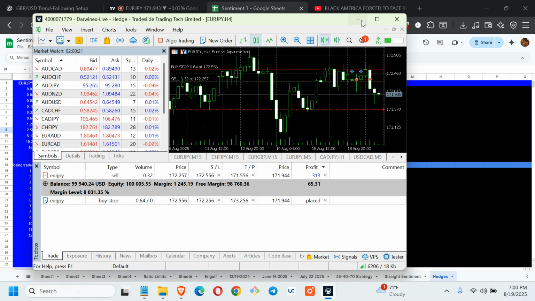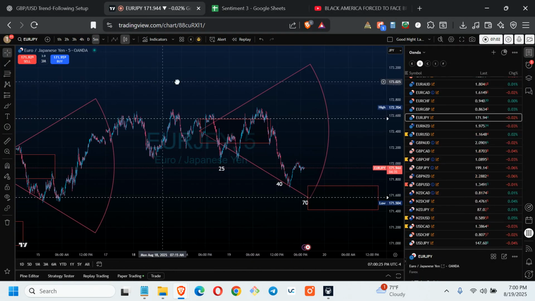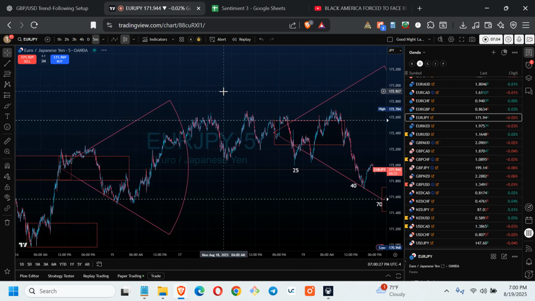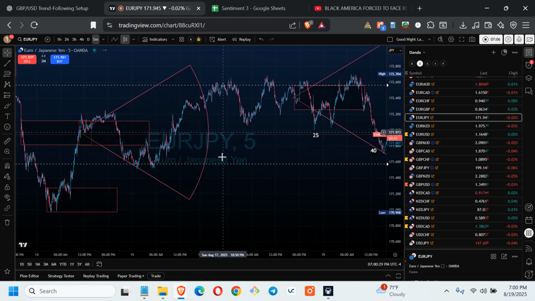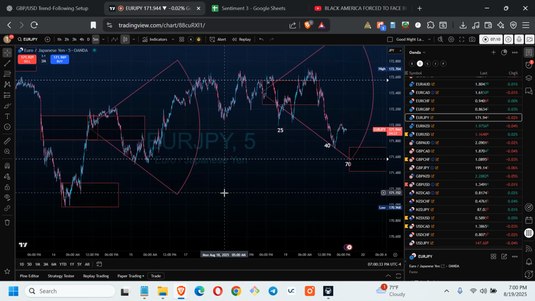But then we know that these pairs, they just don't stay put. They just don't stay put for very long. The normal time frame before 70 pips, or say the average, right? You say the average or the normal? The most often, I don't know how to put it.